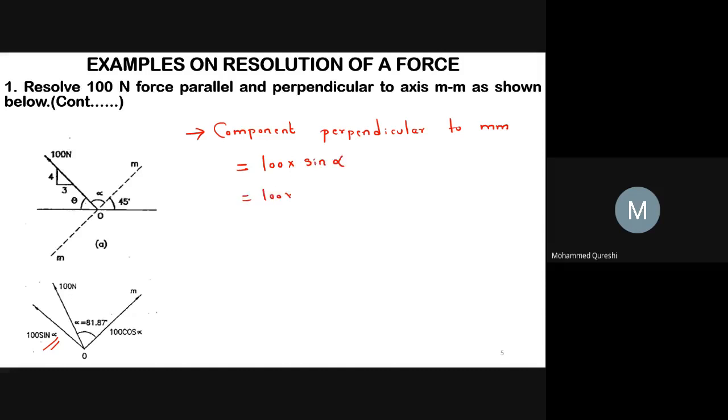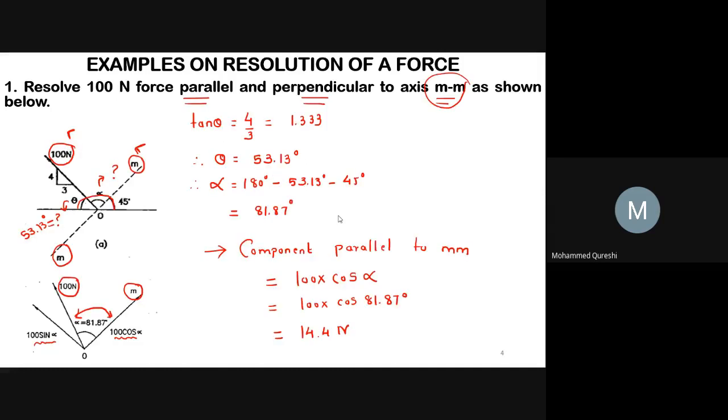So 100 into sine 81.87 degrees, and your final answer will be 98.99 Newton. So we have resolved the 100 Newton force parallel and perpendicular to axis MM.